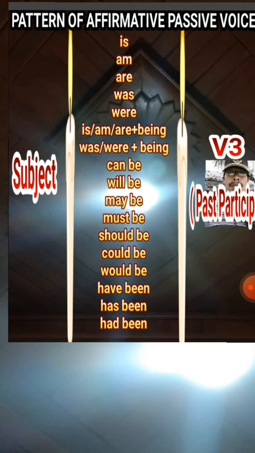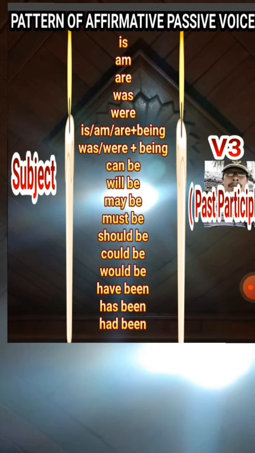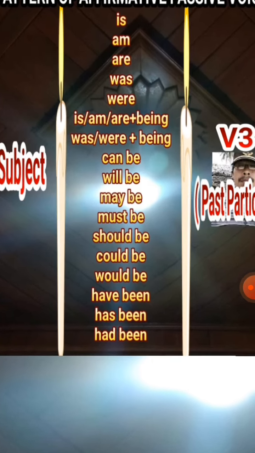And then we can also use was and were. Was and were here are used when the sentence is in the form of past, in simple past.